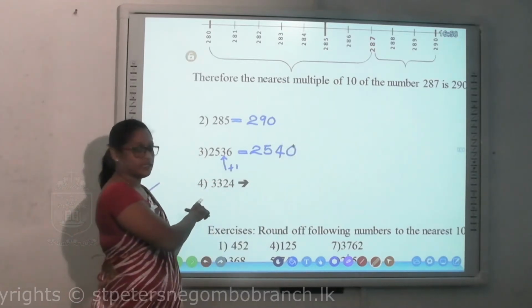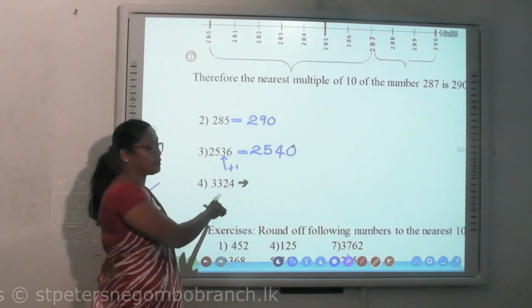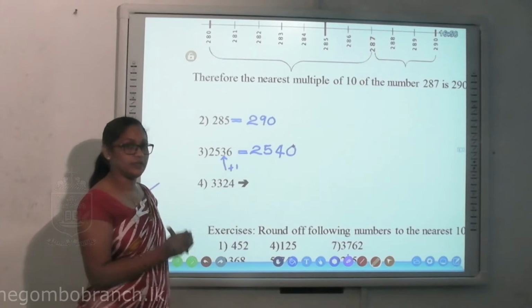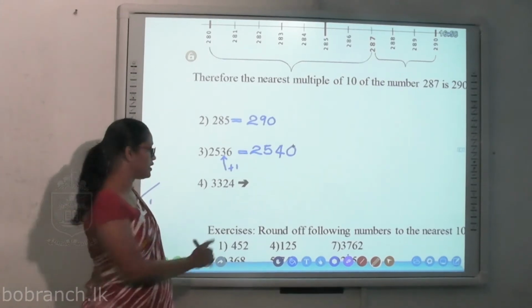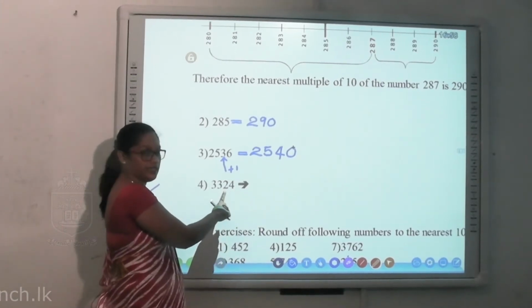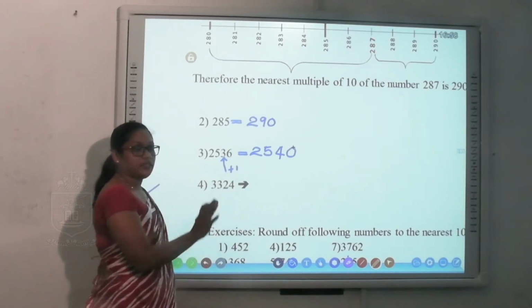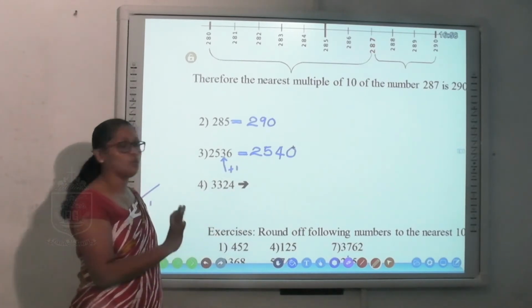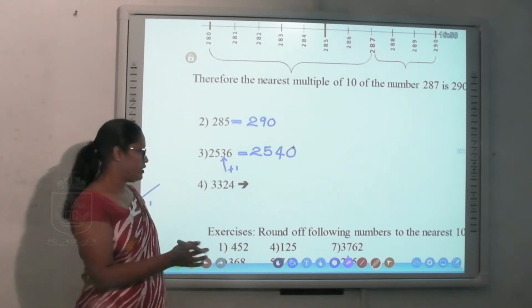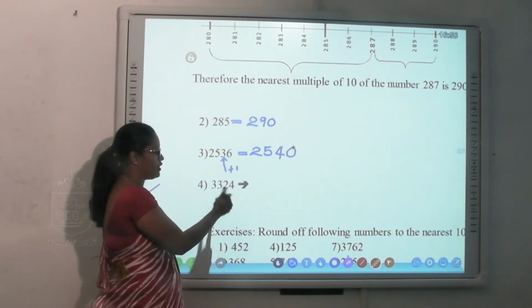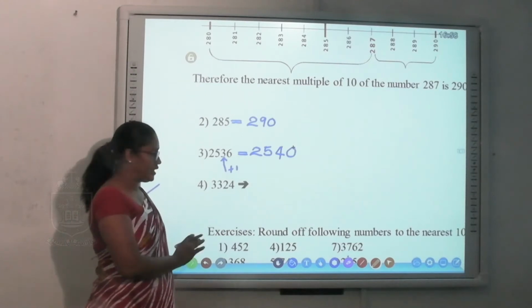Now we will do the next question also. Here also I am going to round off this number to the nearest 10. You have to find the 10th place of the number. This is the unit place, this is the 10th place. Now you just look at the unit place. If the number is greater than or equal to 5, you should add 1 to the 10th place. But you can see the number in the unit place is less than 5. Therefore we don't add any number to the 10th place.